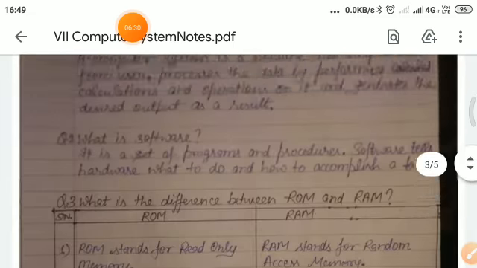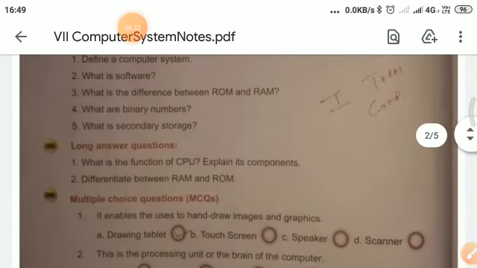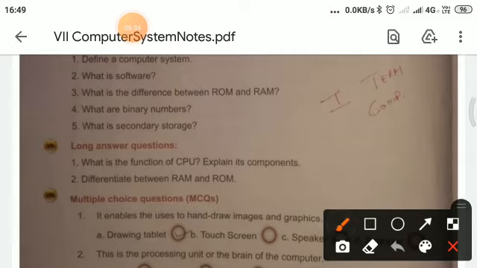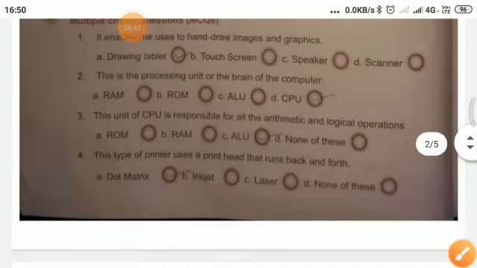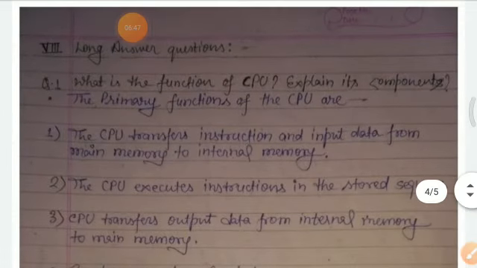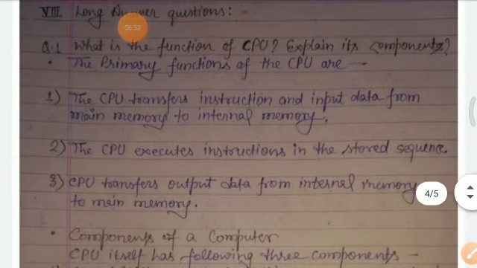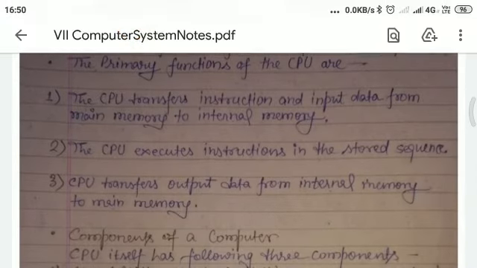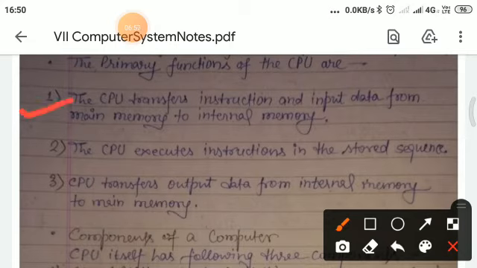And next section of your exercise, students, is long answer type questions. Your first question is, what is the function of CPU and explain its components. Let's see students, what will be the answer of this question. The primary functions of CPU are: the CPU transfers the instructions and input data from main memory to internal memory.